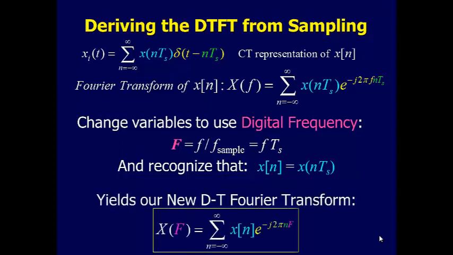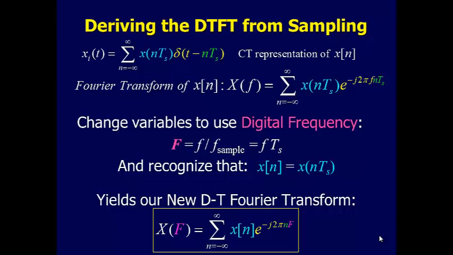So we can recast this continuous transform into the form we want for our new transform, now a function of digital frequency capital F. It's just a sum over all n of x sub n, not x of n t sub s, because same values though, and we replaced the f t sub s by capital F. So we have e to the minus j 2 pi n capital F.